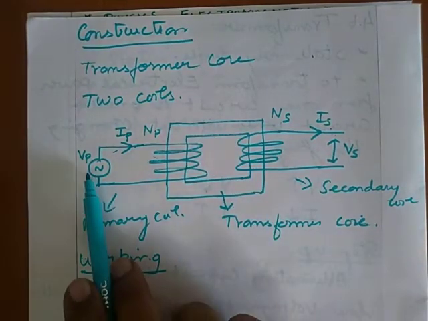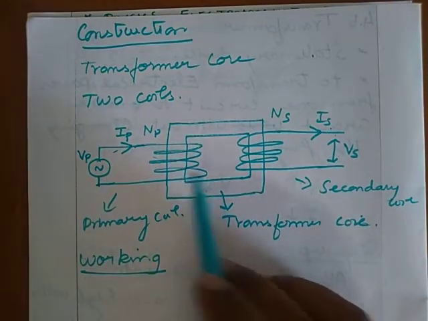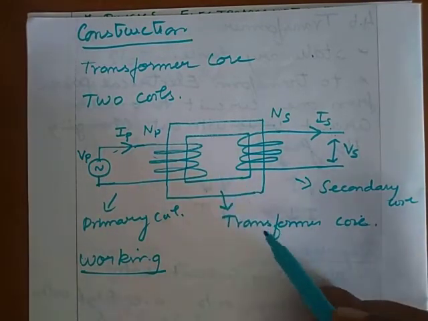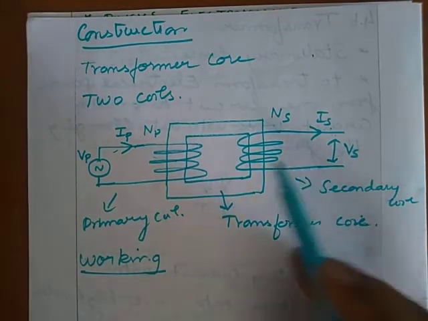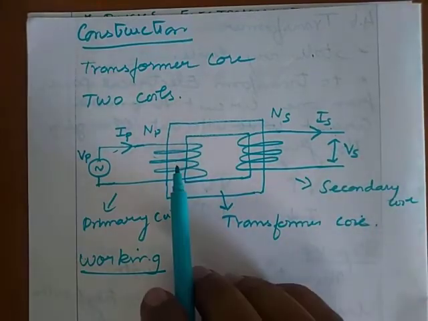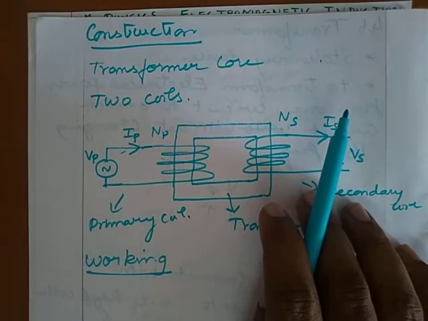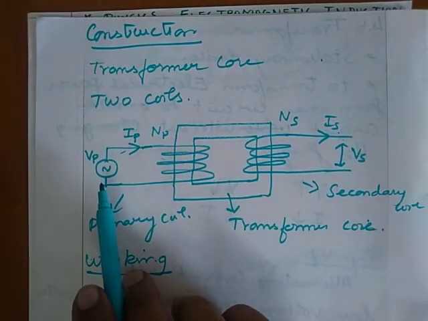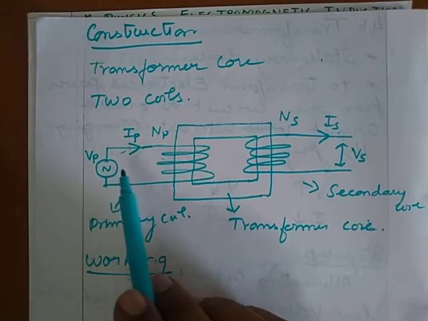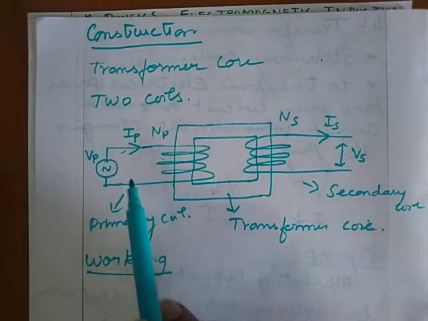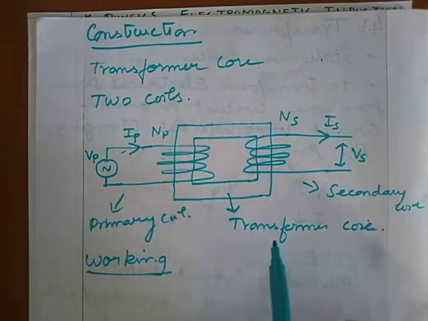If there is no flux leakage, the whole magnetic flux linked with the primary coil is equal to that of the secondary coil. First of all, I connect the alternating source to the primary side. After connection, a magnetic flux is set up in the transformer core.